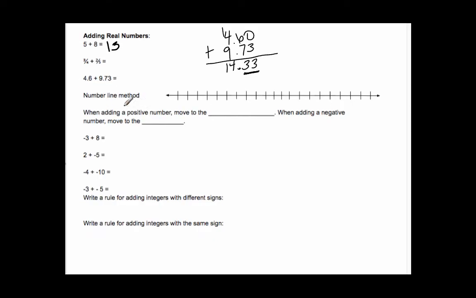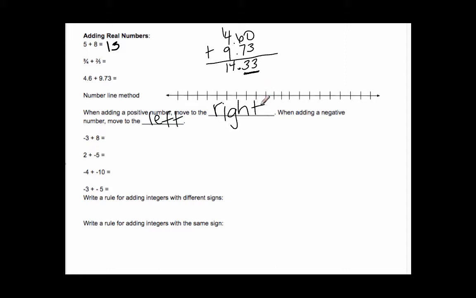Now we're going to look at the number line method for adding real numbers. When adding a positive number, move to the right on the number line. When adding a negative number, move to the left. Now, I gave you a number line here that you can label however you need to.